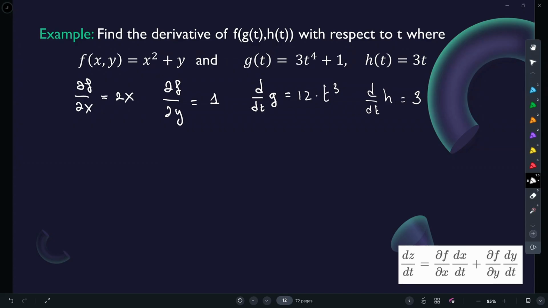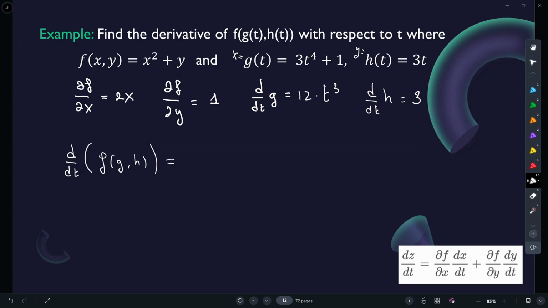Okay? So I have the formula down there, so now I can compute the derivative with respect to t of the composition of f with g and h. It is going to be the derivative of f evaluated at g and h. So my new x, this is what x is now, and this is what y is now.